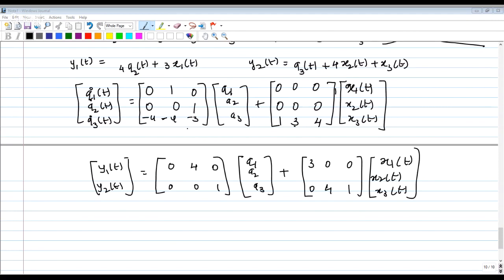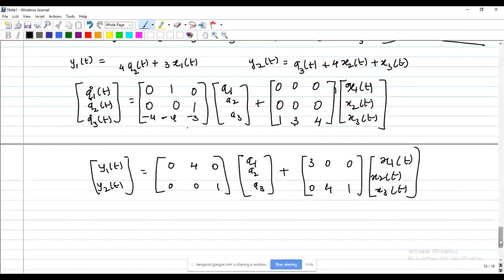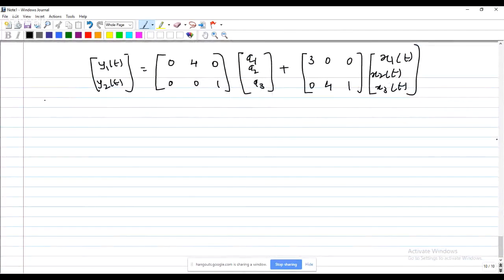Now let us go to the next topic, that is the solution of state space equations using Laplace transform. So now this was from time to time only. We have just represented the system, but we have not found the solution of the system.